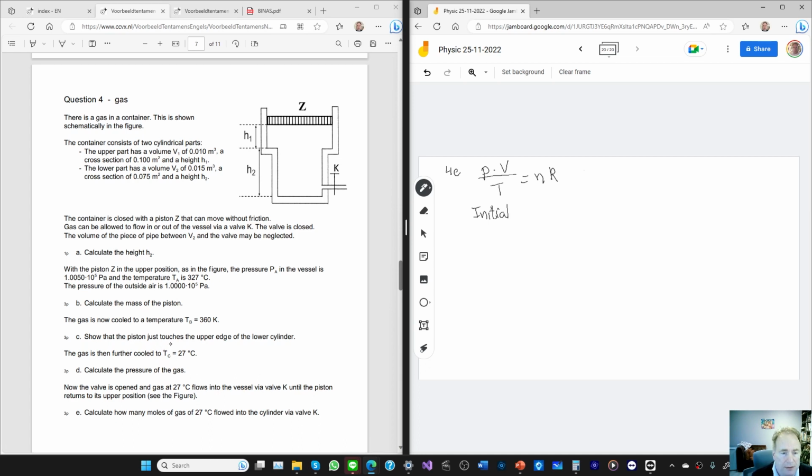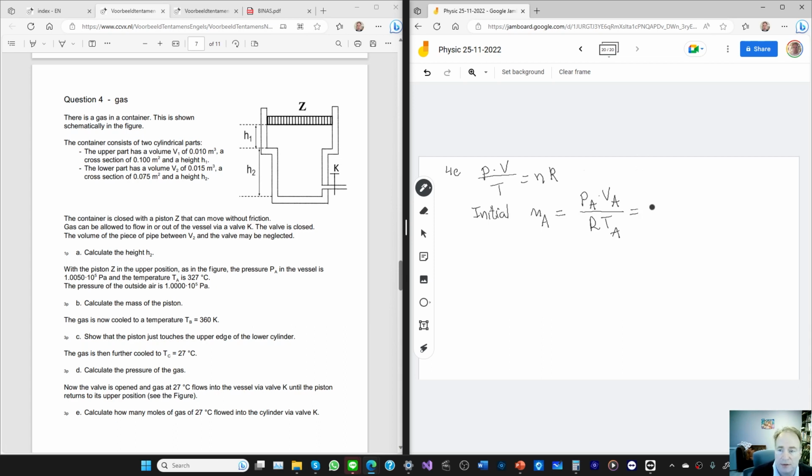It doesn't matter. So the number of moles in state A will be equal to pressure A times VA divided by R times TA.